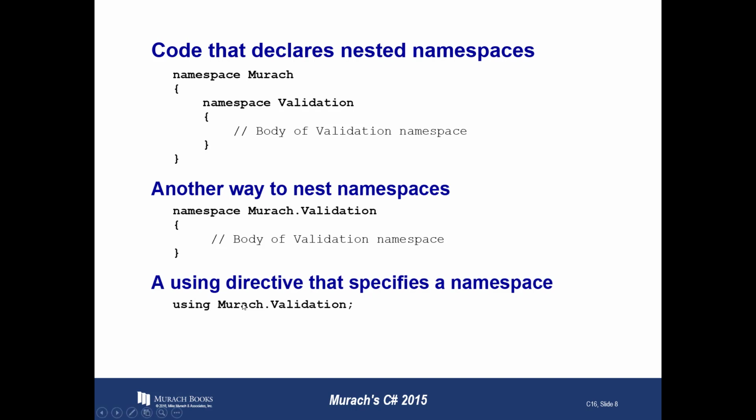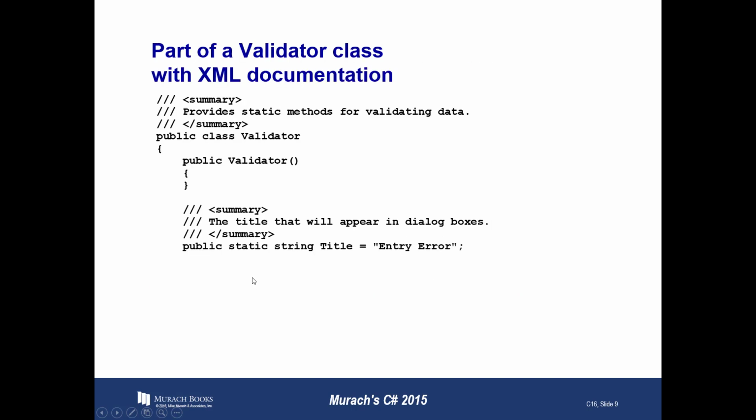Now, as far as documenting your classes, notice that when you start a comment with slash slash, it gets green, and that's a regular comment. When you start a line with 3 slashes, you're making what's called an XML comment. All right.